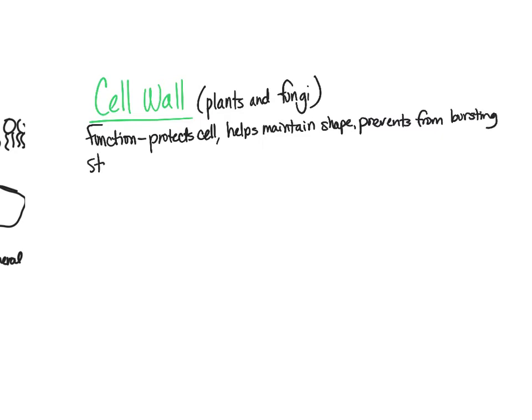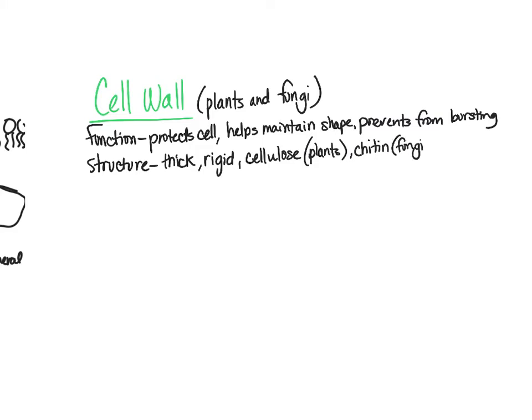And the structure of the cell wall, we have talked about a little bit already, but it is a thick wall that is very, very rigid, which is, of course, why it helps to maintain its shape and prevents it from bursting. And it's made up of either cellulose in plants or chitin in fungi. And the cell wall is around the plasma membrane.